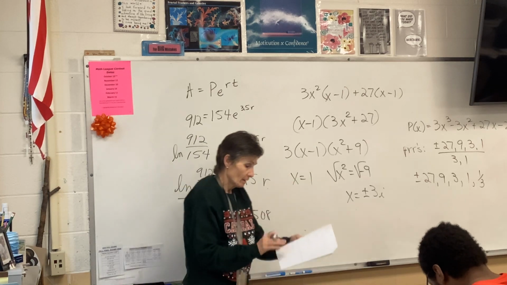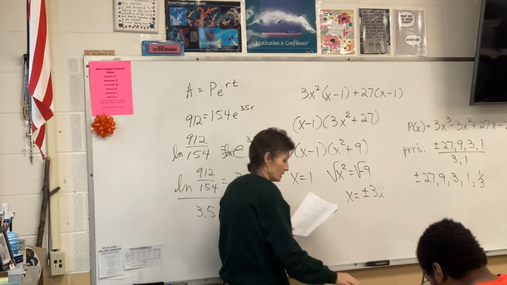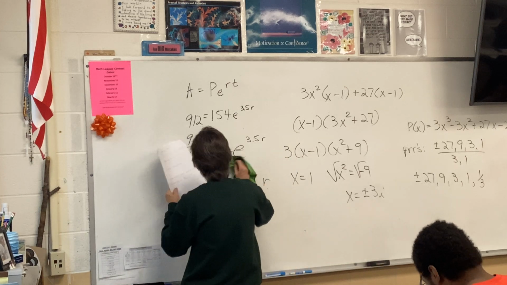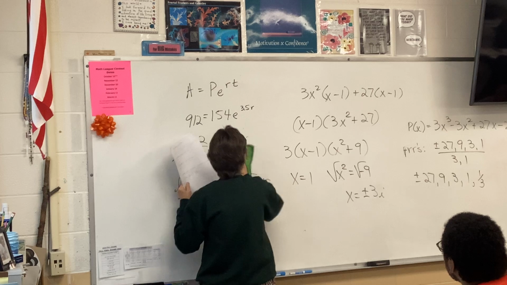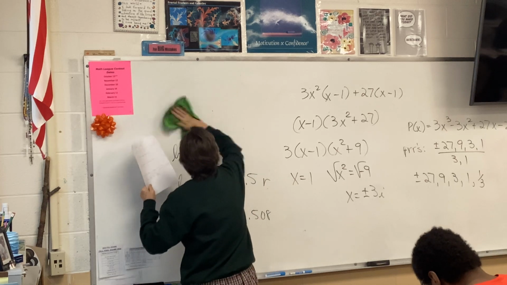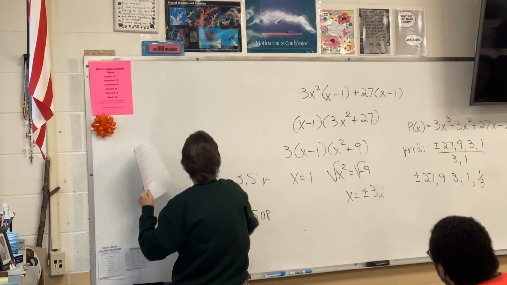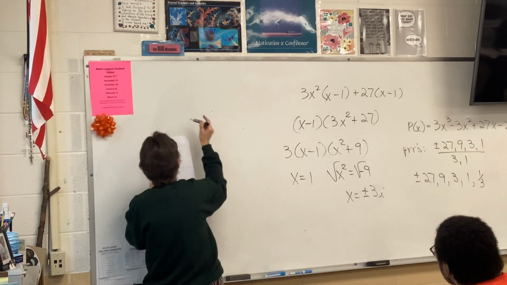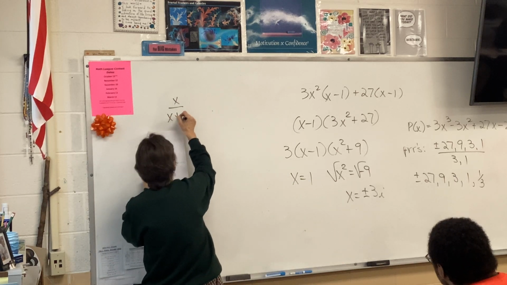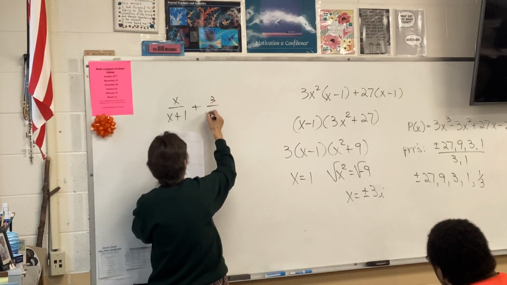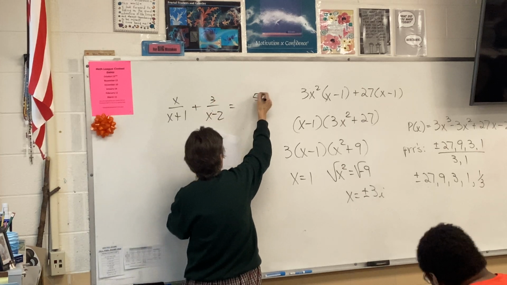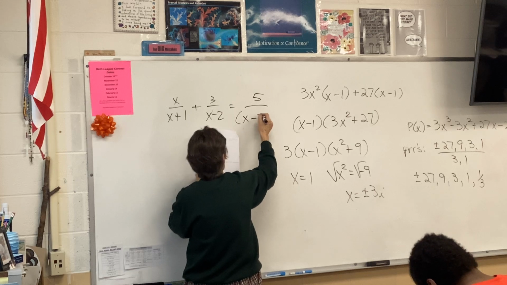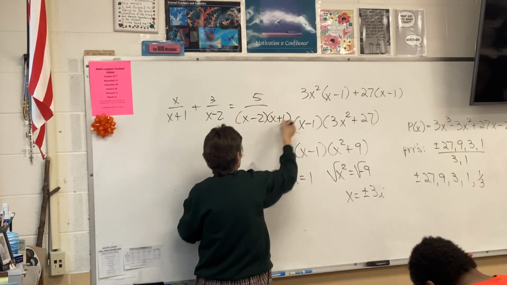Okay, now we're back to the no calculator. We have time to do one. And 22 looks like a good one to do. What is our approach for the common denominator? Figure out your common denominator, and I would always suggest if you have a factorable denominator, factor it.